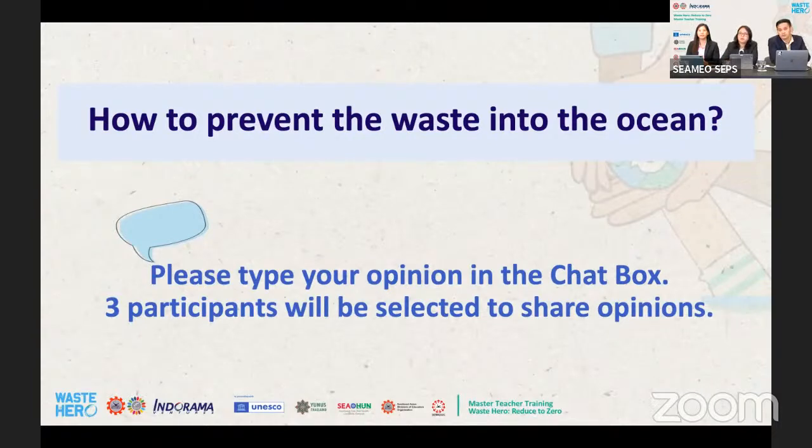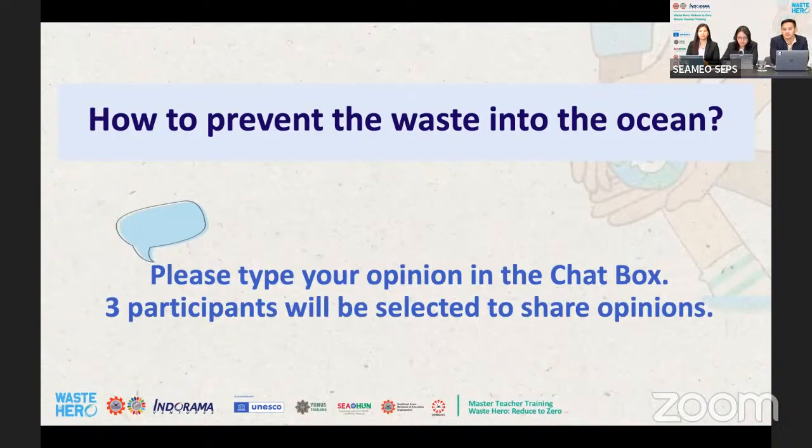And the other thing we keep trying is raising awareness of the 3R: reduce, reuse, and recycle. That includes not using single-use plastic, like bringing your own water bottle, and if you go somewhere and need to buy things, bringing your own paper bag or something like that.